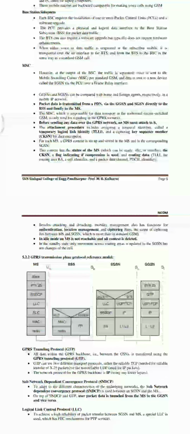In GSM the security is only between the mobile station and the BTS, whereas in the GPRS architecture the security is between the mobile station and SGSN, which covers the BSS, the BTS, and all these elements under the security aspect.